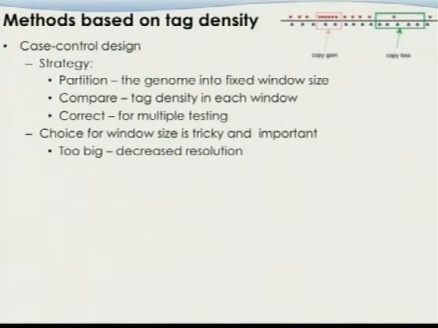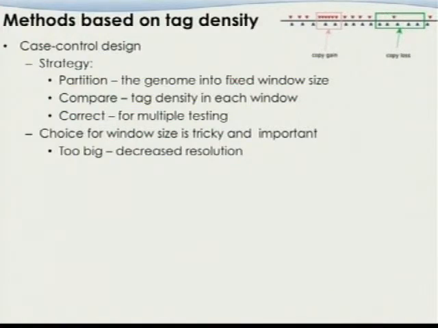But the choice for the window size using this type of strategy is not that straightforward, actually. It's kind of tricky. Because if your window size is too big, of course your signal will be really robust, but your resolution becomes very large, so your resolution is not very good. Okay? You want to figure out small copy number variations, small regions with copy number variations.